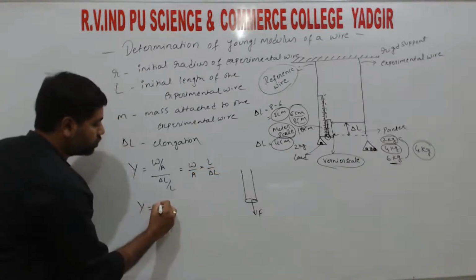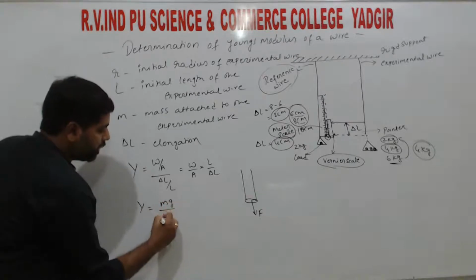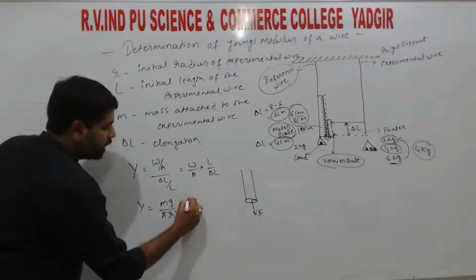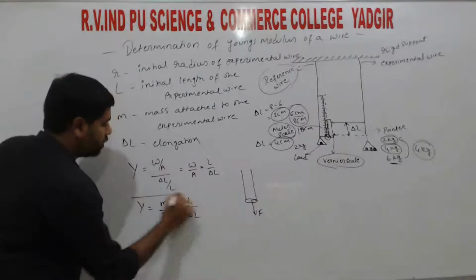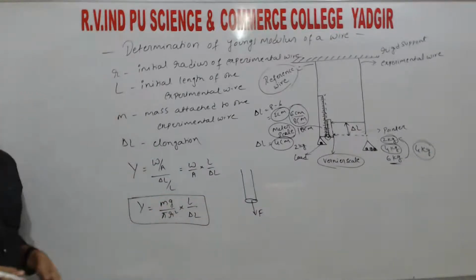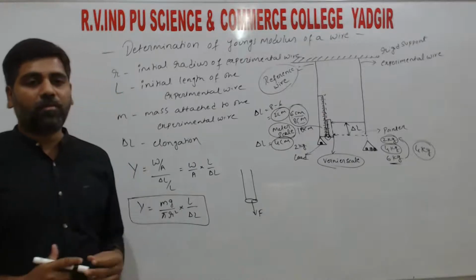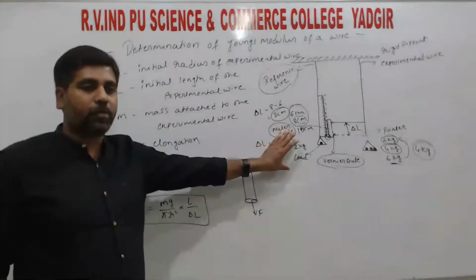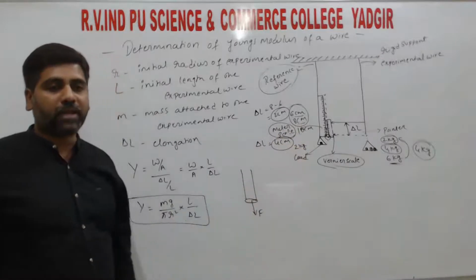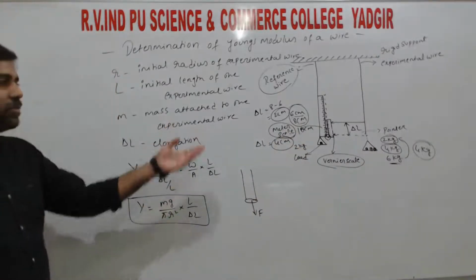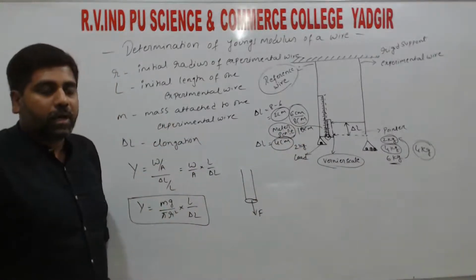So Y is equal to mg divided by pi r square into L by delta L, right? So this is experimental. So long answers will not come from this, so only for the understanding purpose. So how we determine Young's modulus, by this way we are going to determine, right?